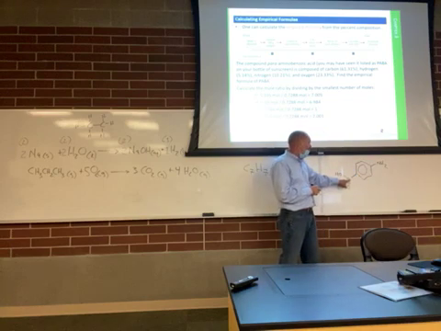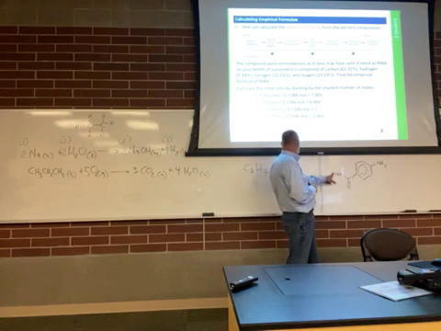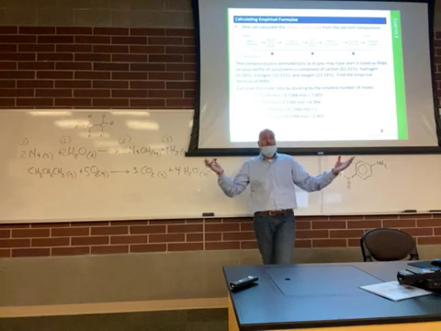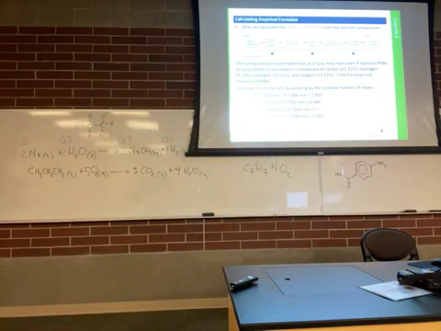C7, H 1, 2, 3, 4, 5, 6, 7. Oh, we're getting there so far. N, 1 N, and 2 oxygens. Hey, it actually worked. It confirmed what I believed it to be. Isn't that kind of neat? So that's how we know structures. That's one way we can confirm that what we're talking about is actually what we're talking about, even though we can't see those molecules because they're so small.